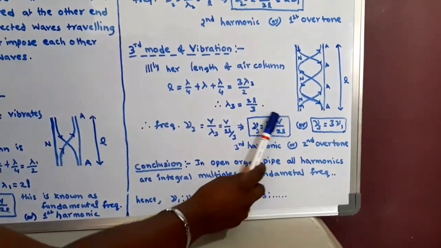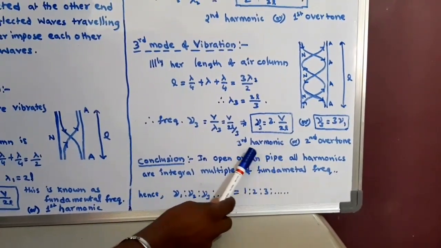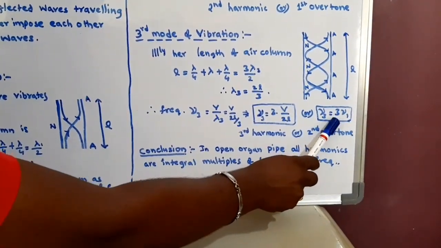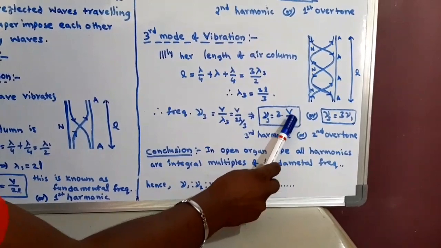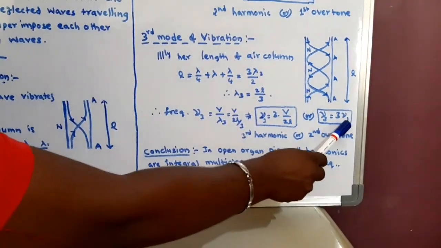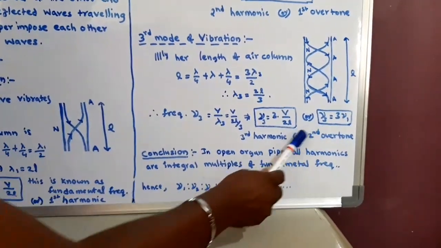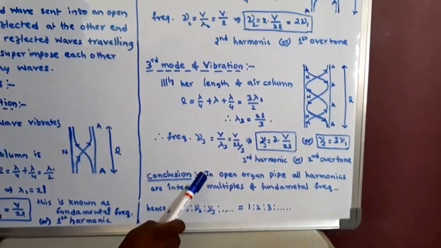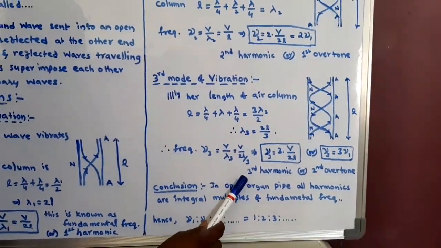So this frequency will be named the third harmonic, and with relation to the fundamental mode of vibration, it is equal to 3 into nu 1. This simply represents the third mode of vibration. Do all of you understand?